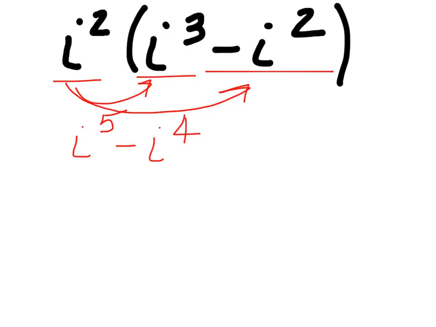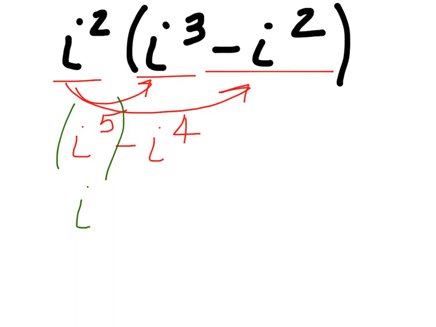Alright. So from there we have to simplify that. What is i to the fifth going to simplify to? Do you know what i to the fourth is? i to the fourth is 1, so we go up another one, it should be just i. So i to the fifth is i.